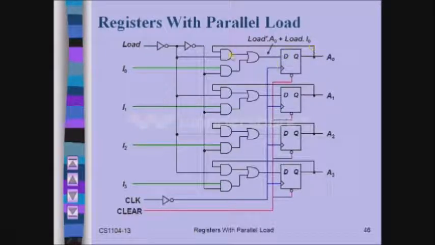So this is how new data is loaded into the flip-flops or register with the help of a control input, and that control input is called load. This is how we load the data in parallel, that is new input in parallel, and we can also retain the data by giving a logic 0 at this load.